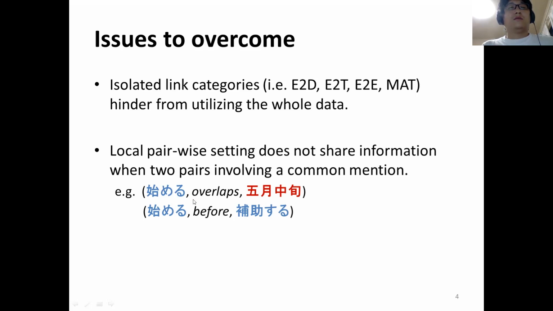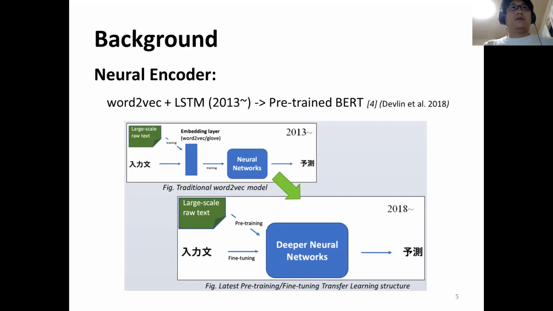So the second pair is the Hachimeru to the Hojosu. So even they are involving with the same common mention Hachimeru. So in the pairwise setting, such information cannot be globally shared.